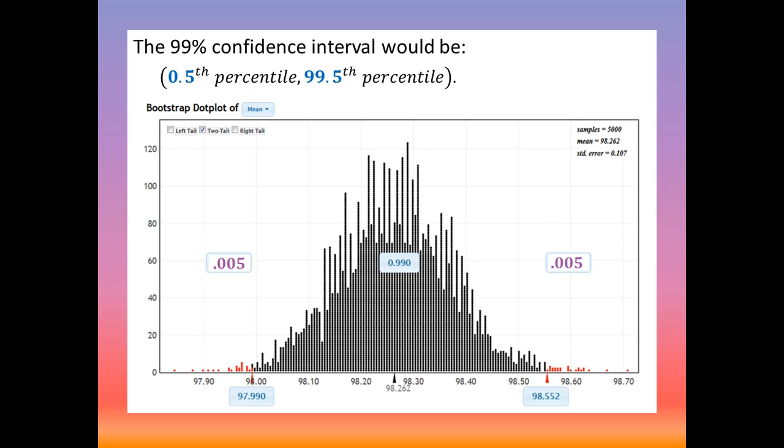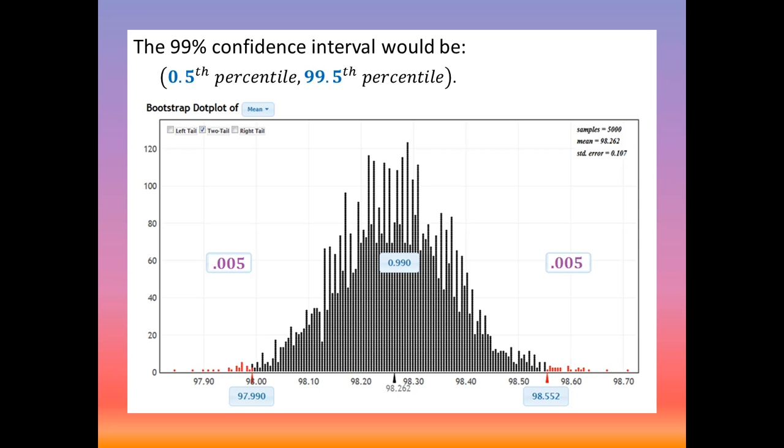This is what it looks like in StatKey. You want 99% in the middle, where that's written in decimal form as 0.99. And then if you have 0.99 in the middle, you'd have half of 1% in each tail, and half of 0.01 is 0.005. The endpoints of the interval are the cutoffs of that central region with 0.99 in it. So the 99% confidence interval would be from 97.99 to 98.552.